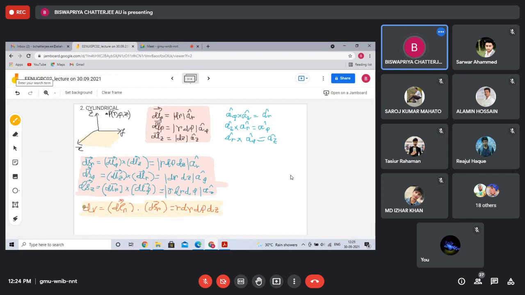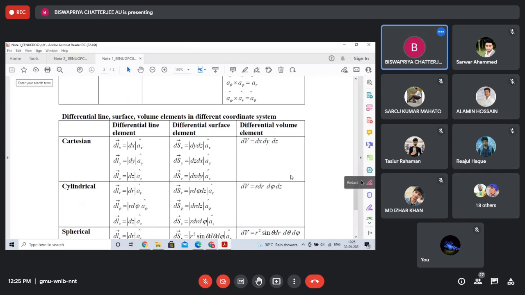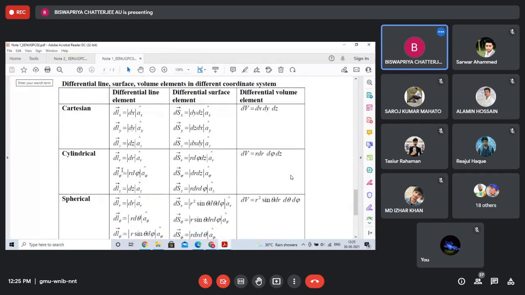So if you go through this note PDF, you will see that exactly these expressions are given there.